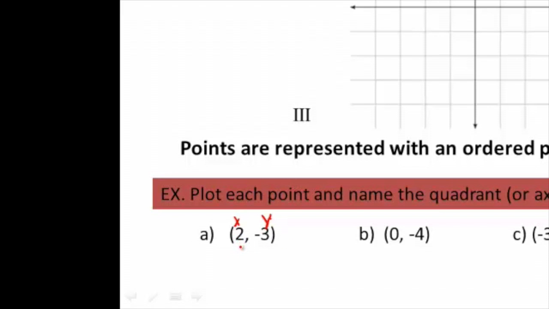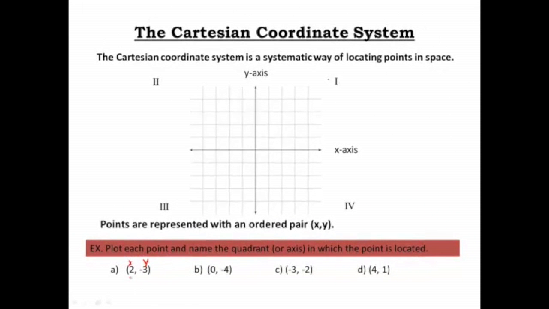An x-coordinate of +2 means we're going to go to the right 2 on our x-axis. And a y-coordinate of -3 means we're going to go down 3. So to locate the point 2, -3 on the grid, we'll go to the right 2 and then down 3.